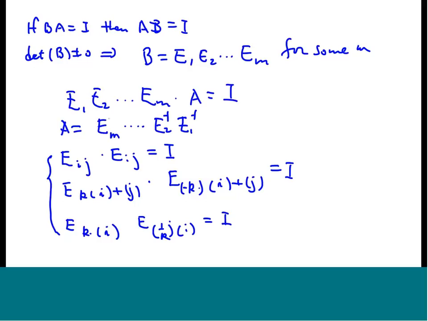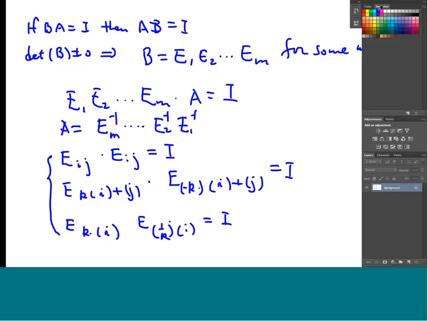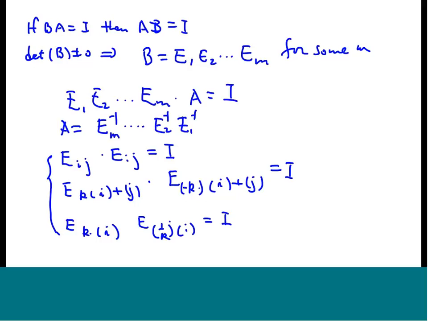Every elementary matrix already has an inverse that makes sense. So in other words, we already know that the statement is true if A is an elementary matrix. So A is like that, then you just multiply by B again. A times B, and B is equal to E1, E2, up to EM.